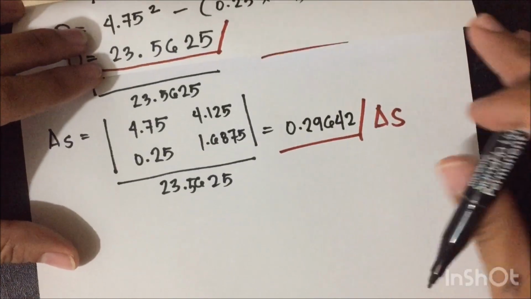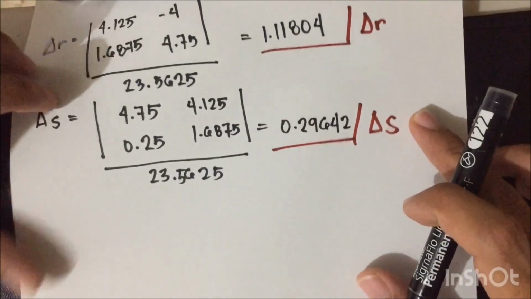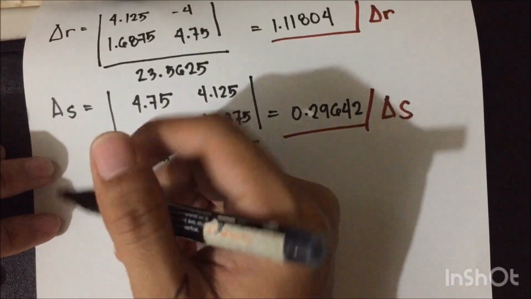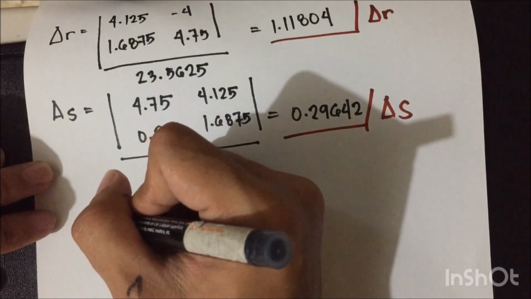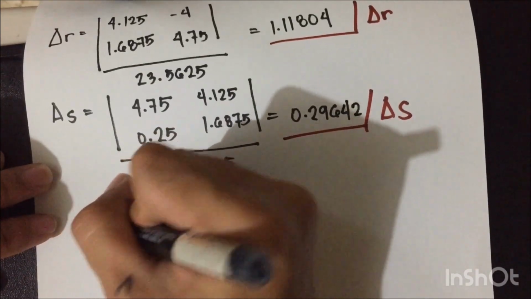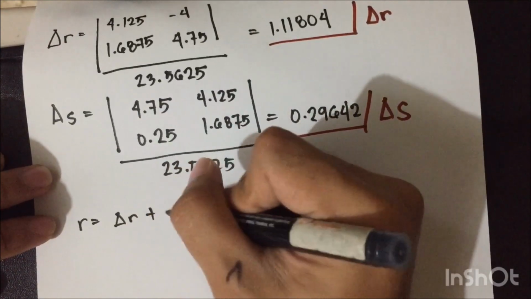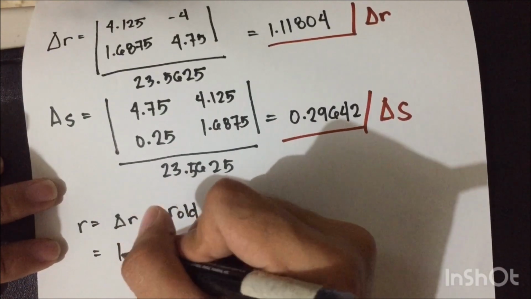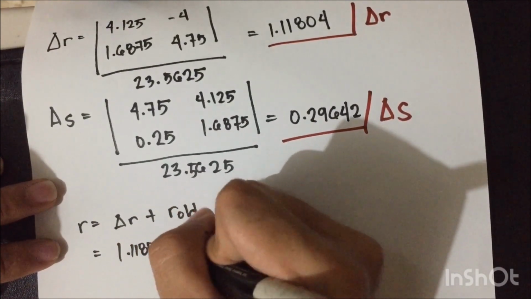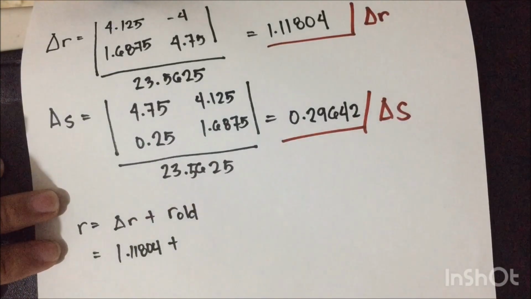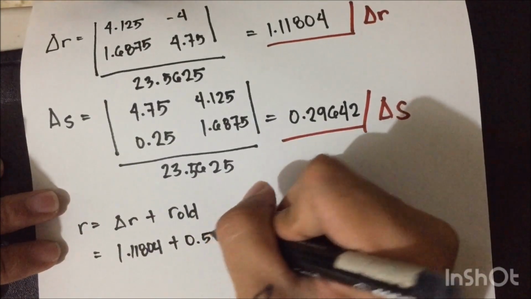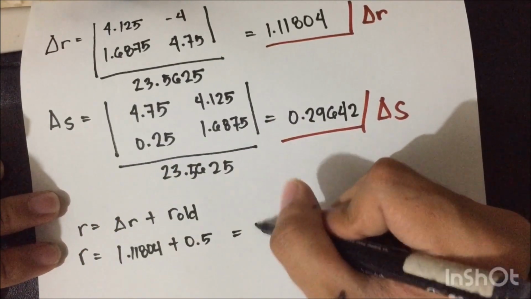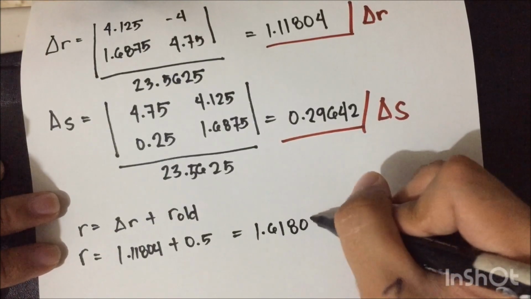Katapos nun, para makuha yung bagong value ng ating R and S, pagsasamahin lang natin yung dating R tsaka yung ating delta R, which is delta R 1.11804 plus yung luma nating R, which is 0.5. And we have the value ng bagong R na 1.61804.